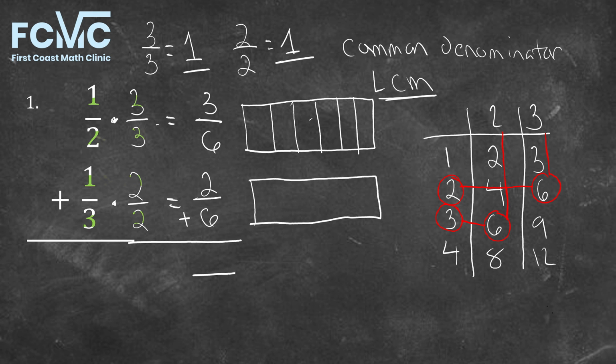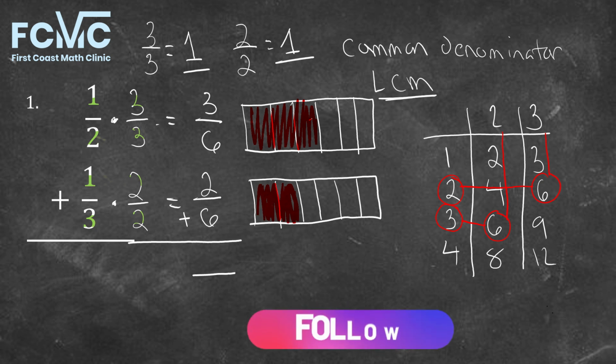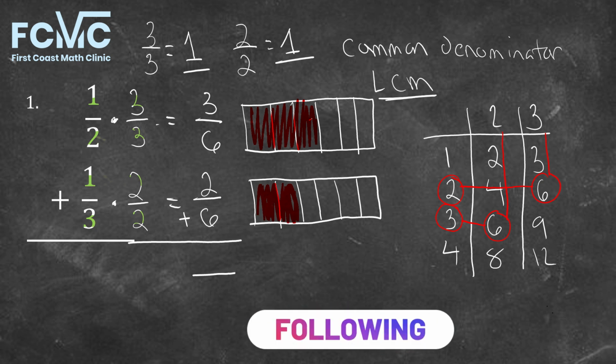For 3/6, we want 3 of those pieces. For 2/6, let's break this again into 6 equal pieces, and of those 6 pieces, we want 2 of them. So now we can accurately compare these 2 pieces and add them together.